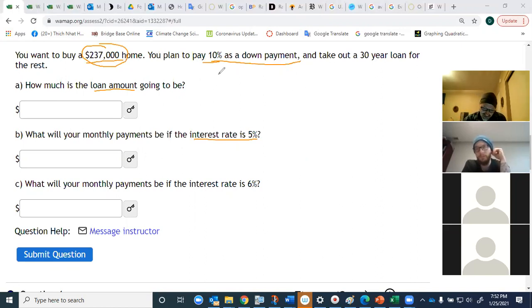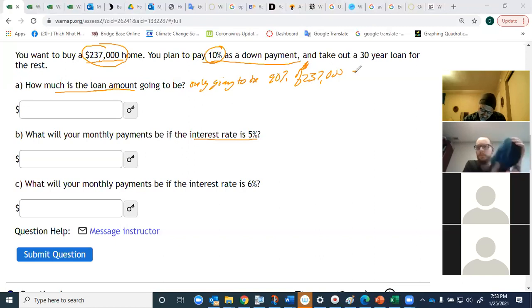So there's two ways to do this. The quick way is to ask, how much is my loan amount going to be worth? Instead of all of this, it's only going to be 90% of $237,000 because we're paying off 10%.